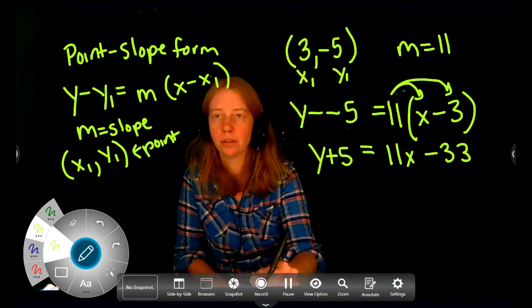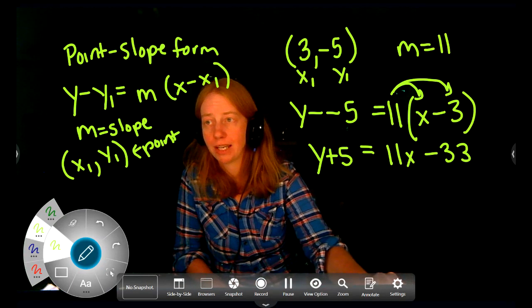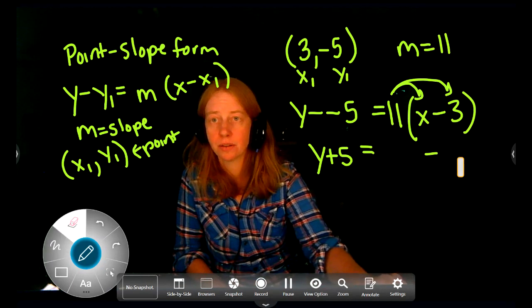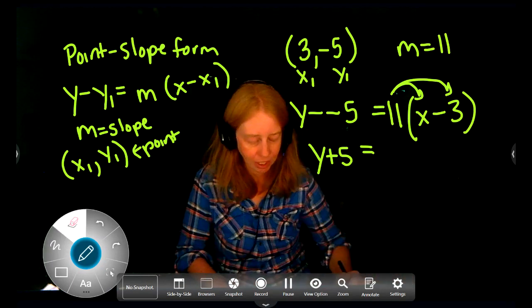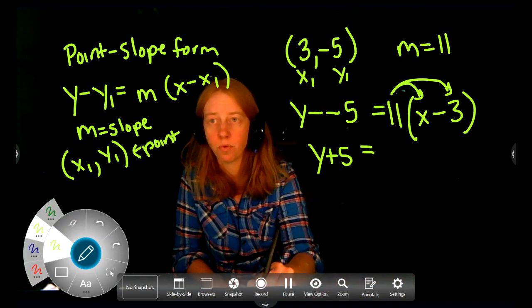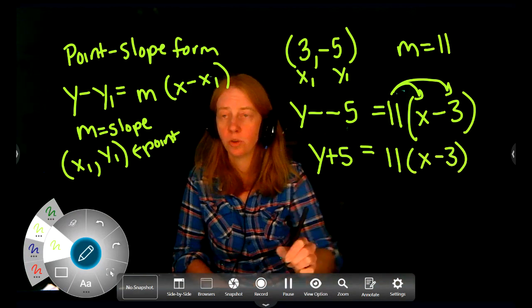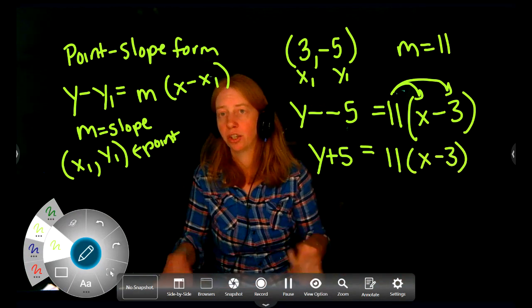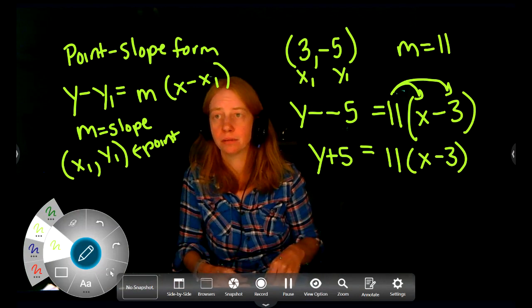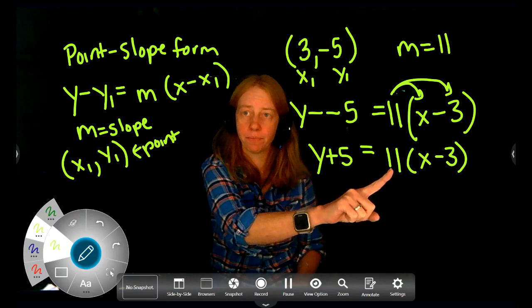And if we wanted to, let me back up. Before I finish doing this, let me erase, because if you were just straight up putting it into point slope format, you can actually stop right here. You're in point slope format. You have your slope, the 11.